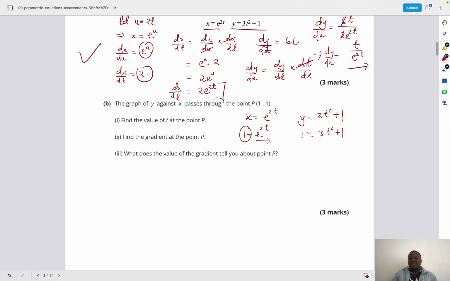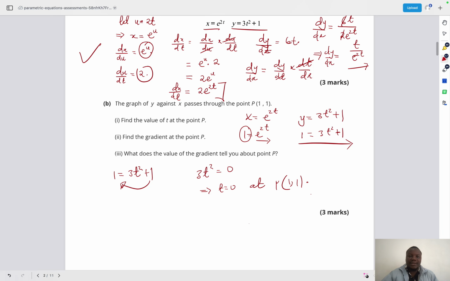You can replace here, or actually just solve for t from this equation because it's easy. So we have 1 equals 3t squared plus 1. If we transpose this, we get 3t squared equals 0, which implies that t is equal to 0 at P being (1, 1). So that's the value of t at (1, 1).